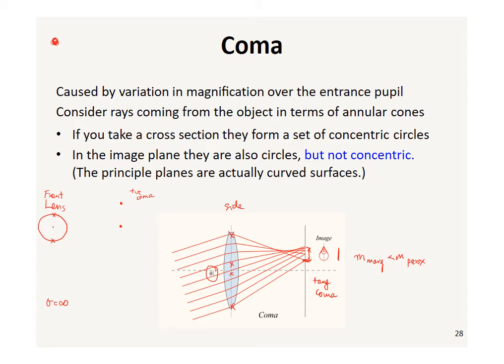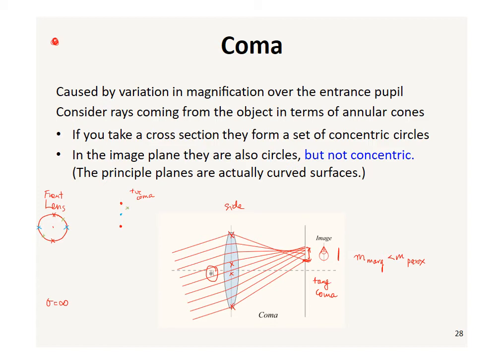Now what I'll do is I'll change colors and you'll see something interesting. Rays from here and here are actually focused to a point here. Something else more interesting, if we look at rays that come from here and here, they're actually imaged over here.